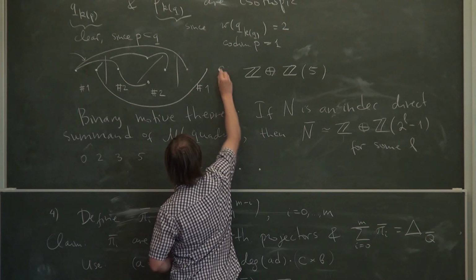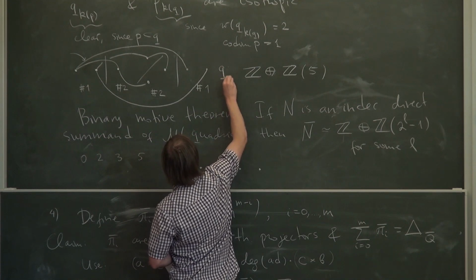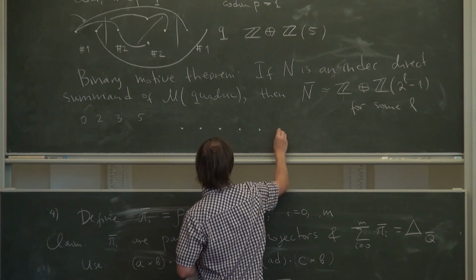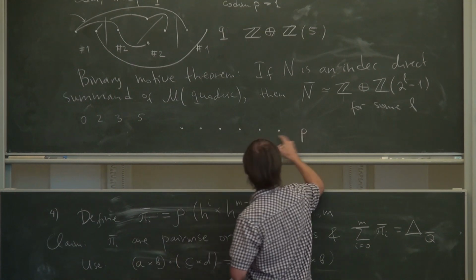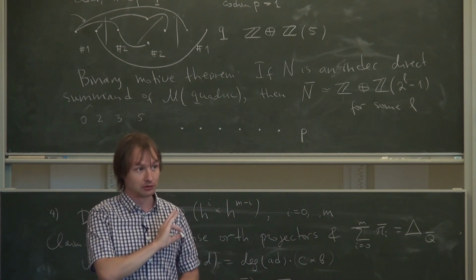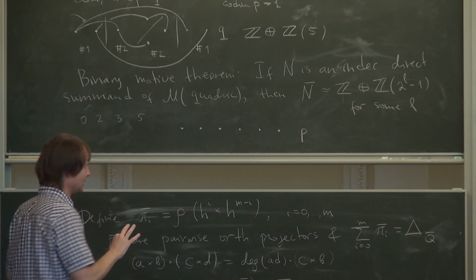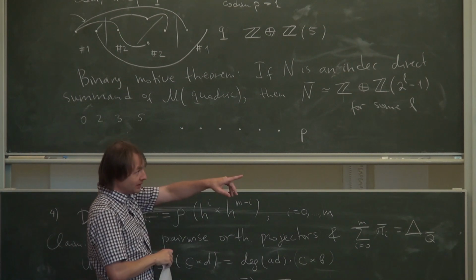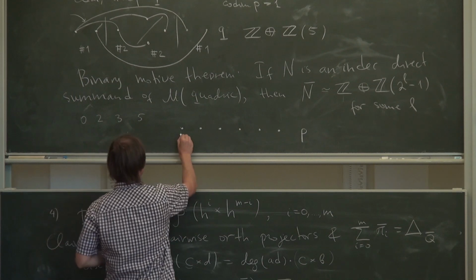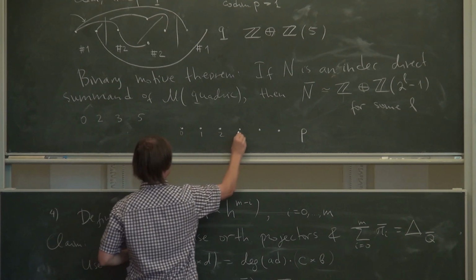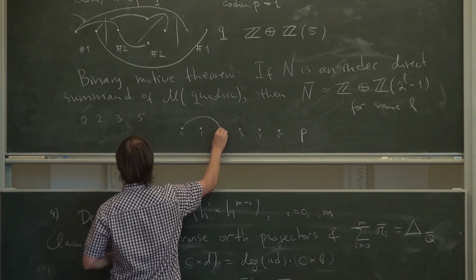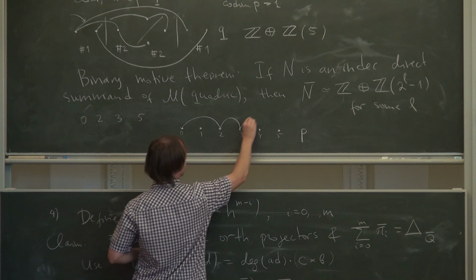So it was Q. Now let's do it for P. So this is the motive of P. It's a 7-dimensional quadratic form, so a 5-dimensional quadric. And they have a common direct summand, that N. Okay, so 0, 1, 2, 3, 4, 5, and it should be 0, 2, 3, and 5.